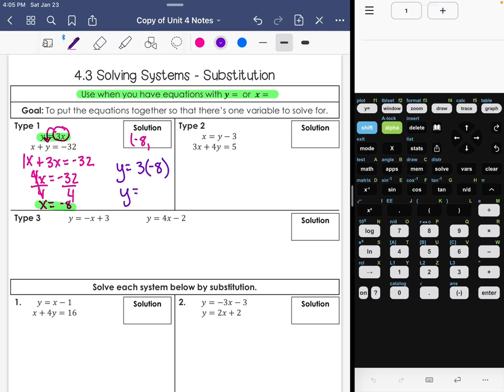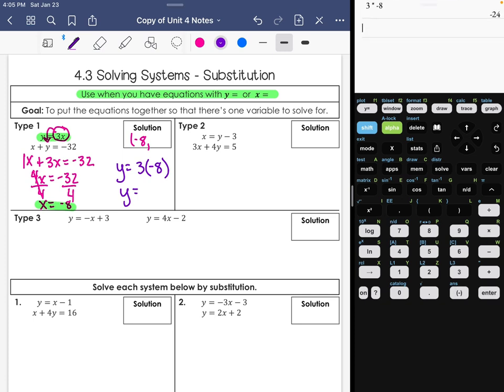If you do that in your calculator, I did get a new calculator, so hopefully this one will be a little nicer. y equals negative 24. And so that is the y part of your solution, and you're done. Sometimes substituting is a lot faster than rearranging, graphing, finding the intersection, all that stuff.